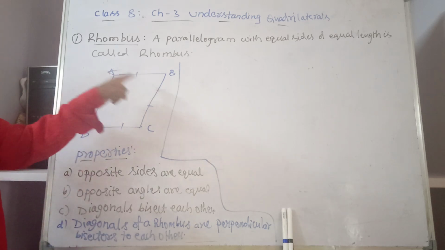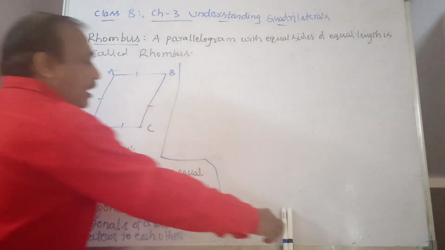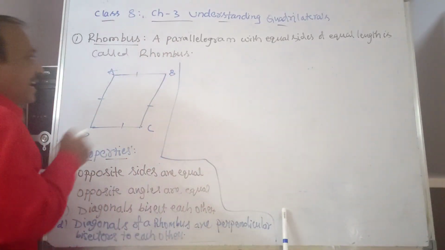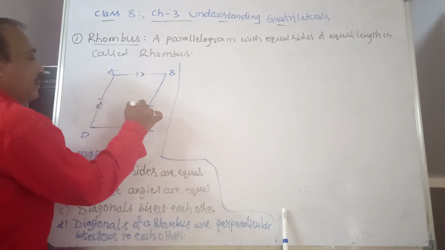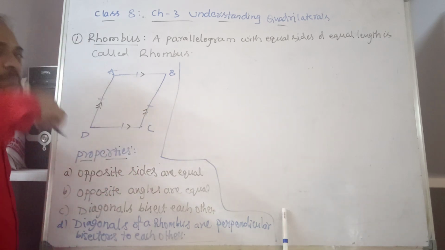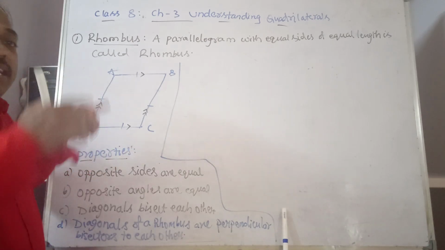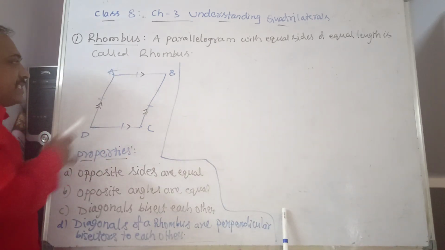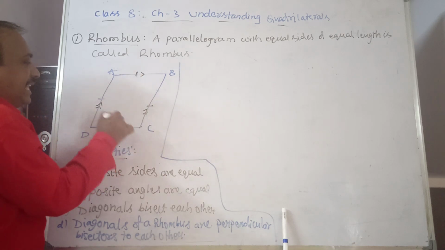Look at this. This is a parallelogram, which means opposite sides are parallel, and their properties are there. Now, a parallelogram with all sides equal. This mark represents that the sides are equal.